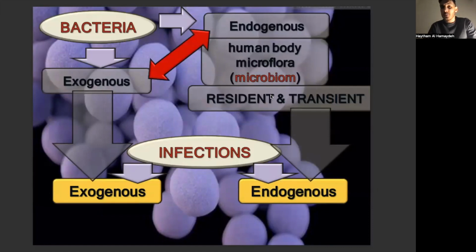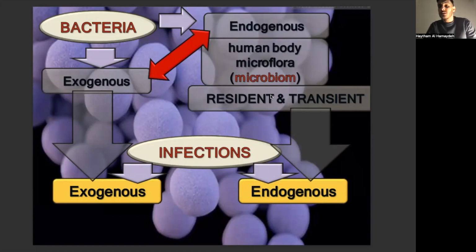There are two types of bacteria that we know of, exogenous and endogenous. Exogenous bacteria come from outside and then go inside to cause diseases or infections, and these are called exogenous infections.